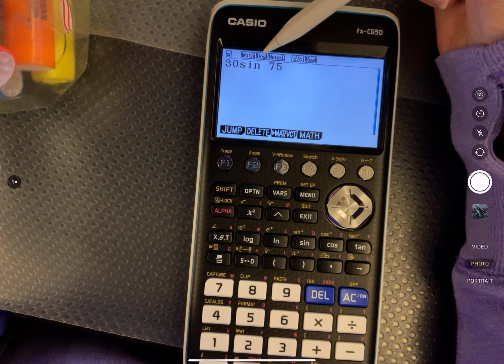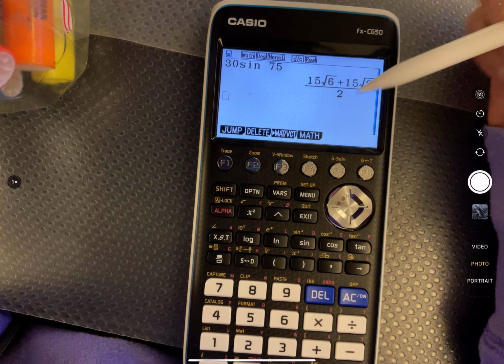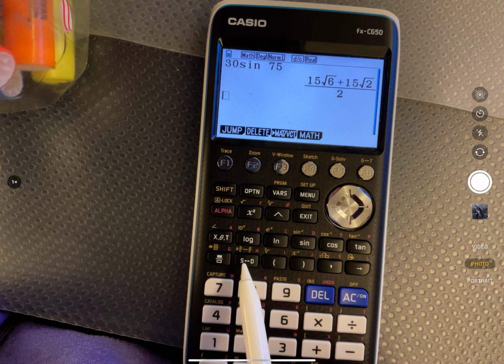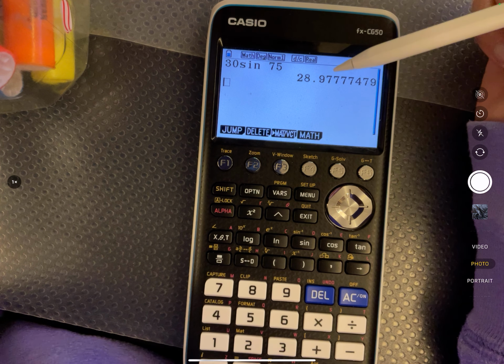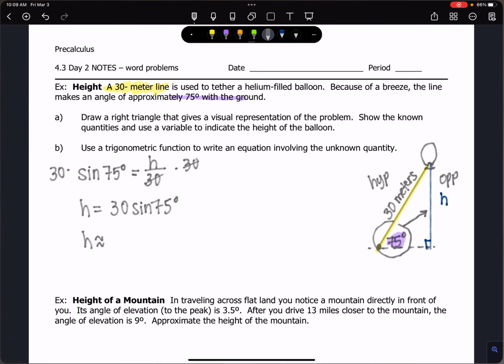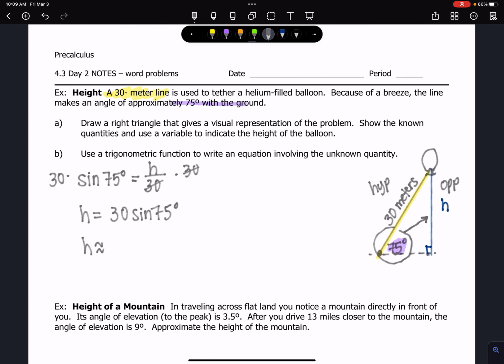I'm in degree mode right here, so I can just put the 75 in and press enter. It's going to give me an exact value, which is very strange. So I'm going to hit this button right here to get the approximate value of 28.978 meters.